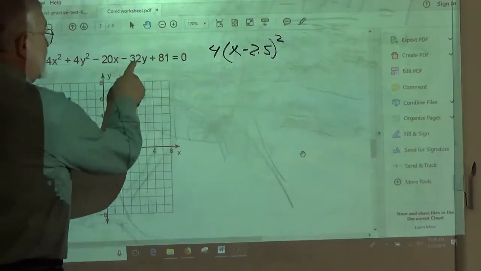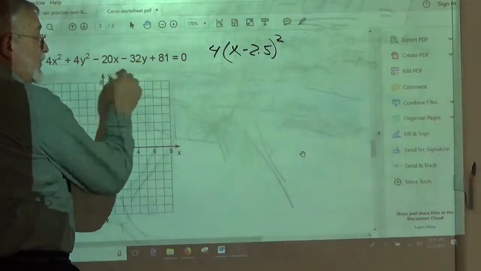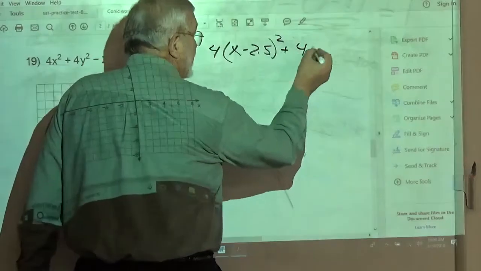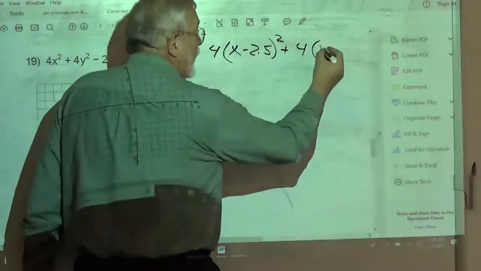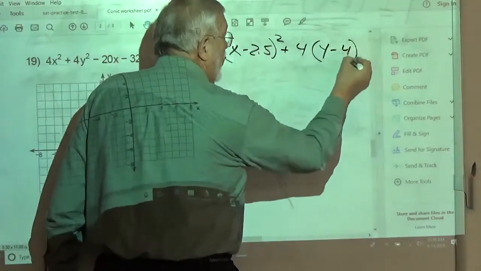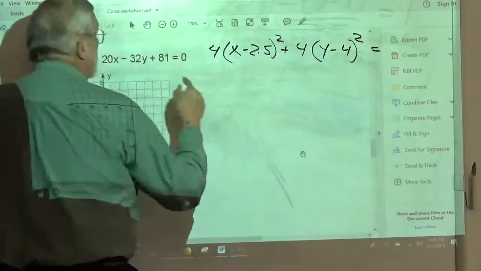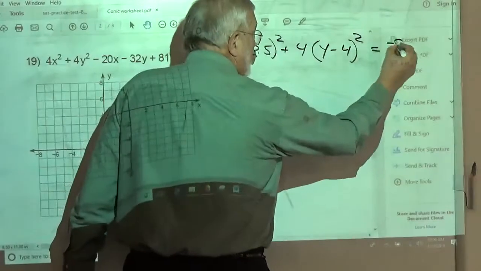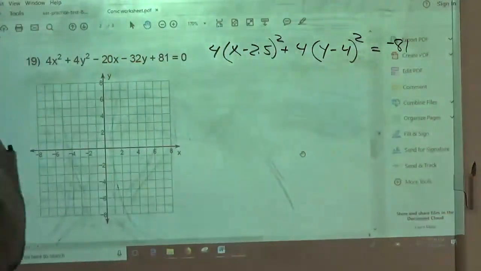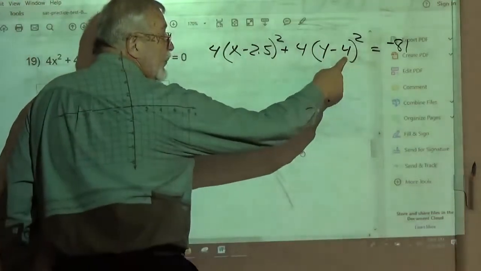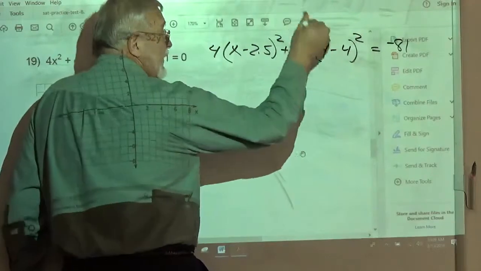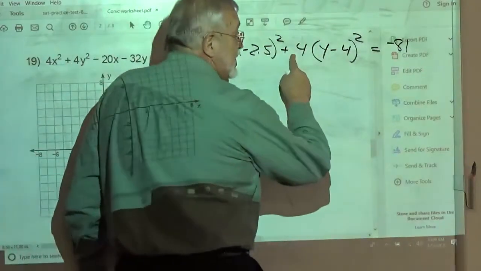Factor 4 out of 32, and I'll have plus 4, and that leaves 8. Half of 8 is 4, so this is y minus 4 quantity squared equals, now I'll bring the 81 over. Now we've got to do some math. First one's easy. 4 times 4 is 16. 16 times 4 is 64.